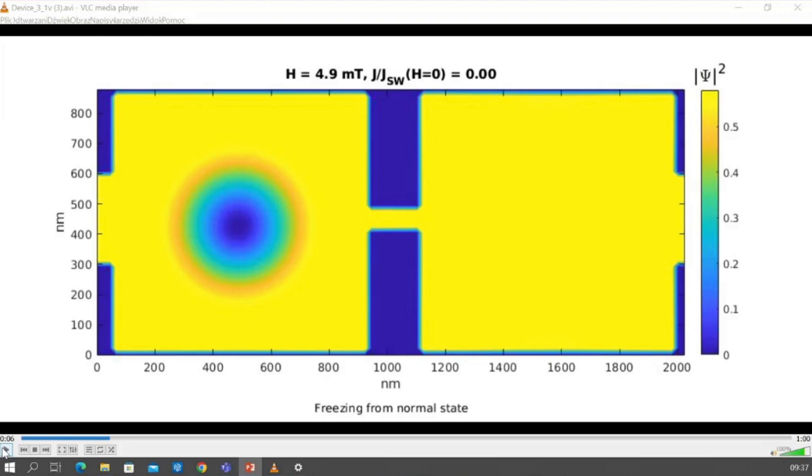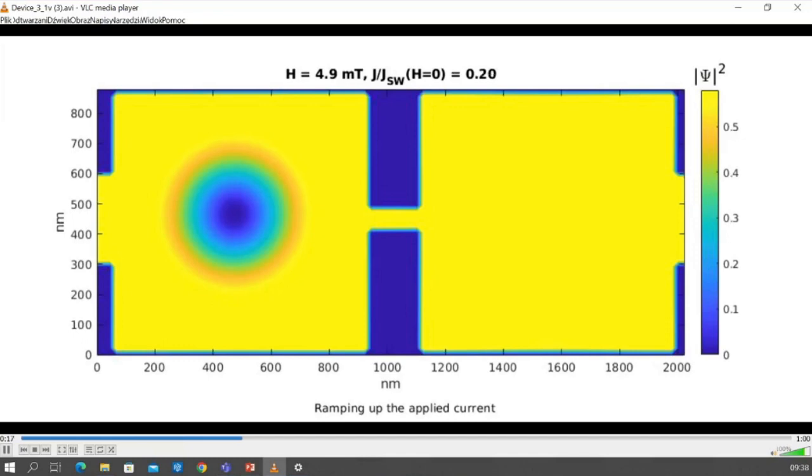Here is a vortex sitting in the box. This is a fixed magnetic field, and now we start to ramp up the current going through the bridge. This is just the current going here.